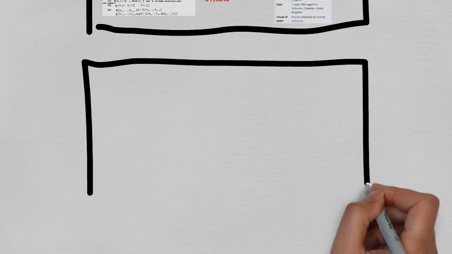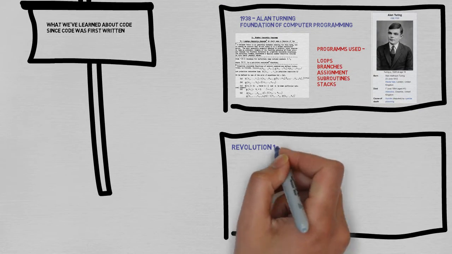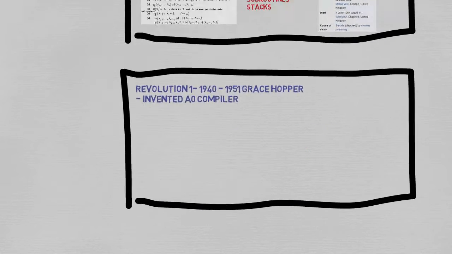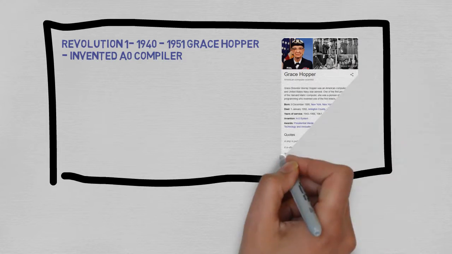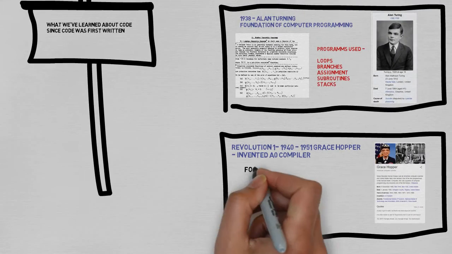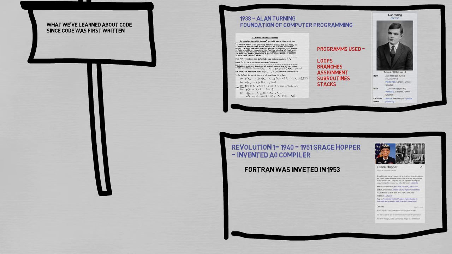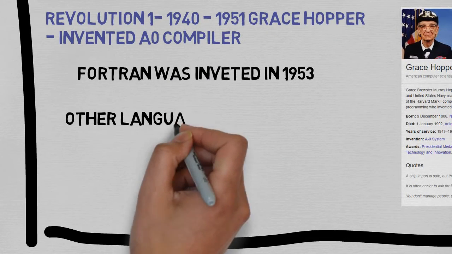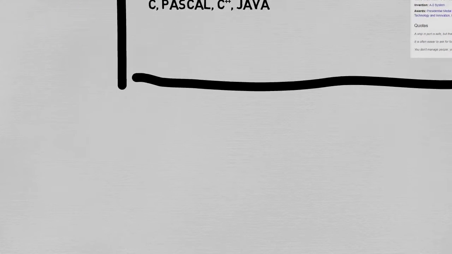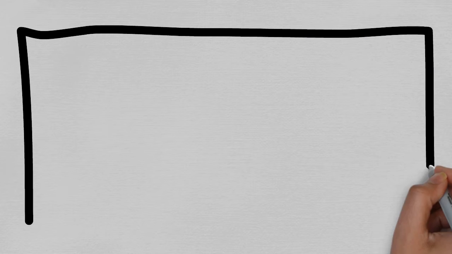The next era of programming started from 1940 to 1951, and it came with Grace Hopper, an American computer scientist. She did a good part in assembly languages, and then a few languages came: COBOL, C++, and Java.